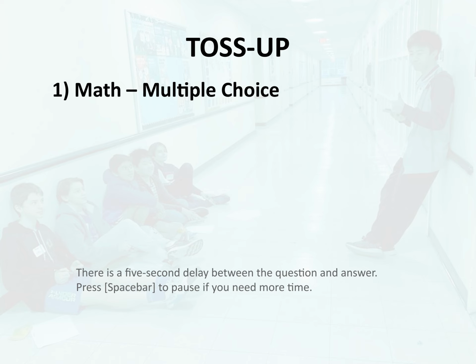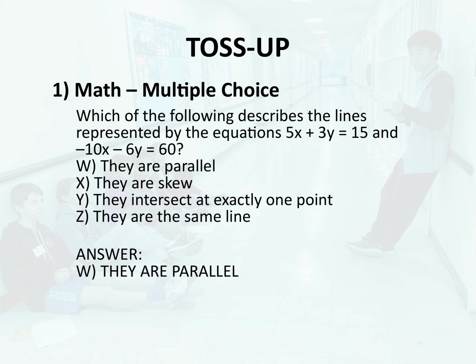X. They are skew. Y. They intersect at exactly one point. Z. They are the same line. Answer. W. They are parallel.